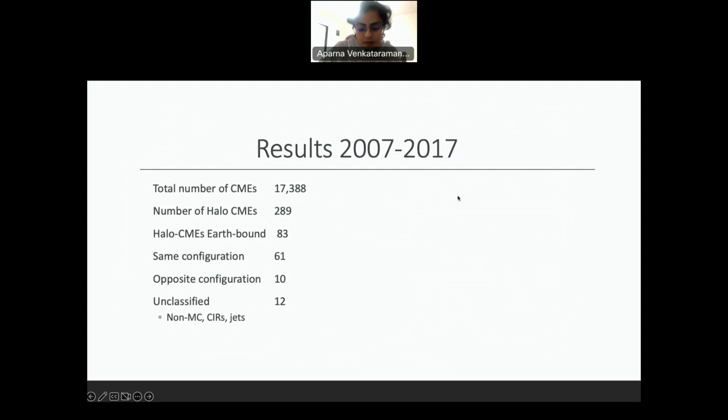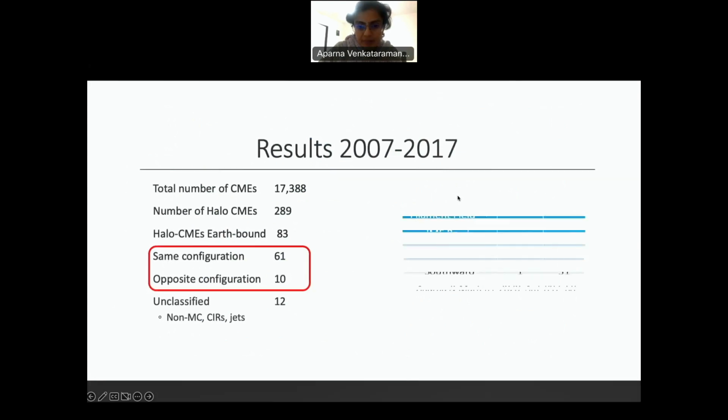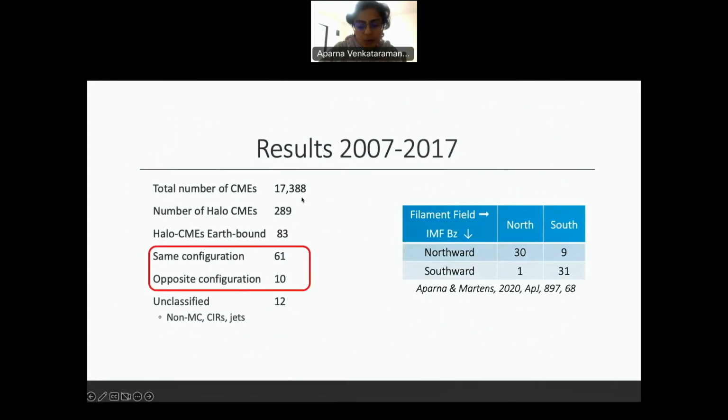So we conducted the study for data between 2007 and 2017, and also for another run between 1996 and 2006, which are published in these papers. The results are also tabulated here in this confusion matrix.